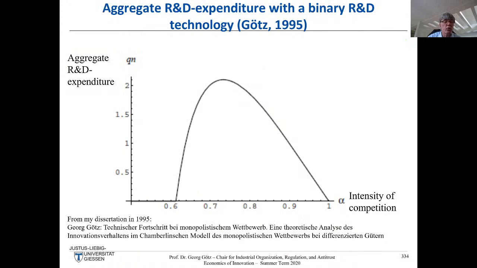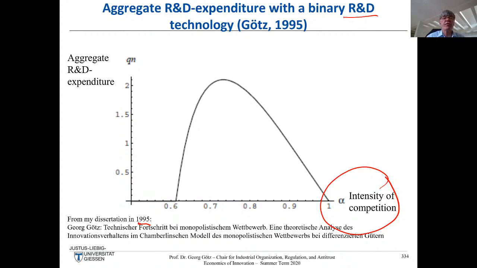Actually, you might also look into my own dissertation from 1995, and I also produced a similar kind of diagram where I used, and you know that from our discussion of adoption and diffusion of new technology, a model of monopolistic competition, with a simple model with a binary R&D technology.